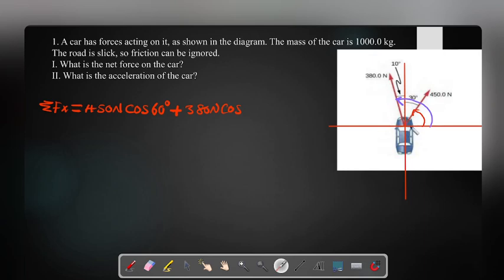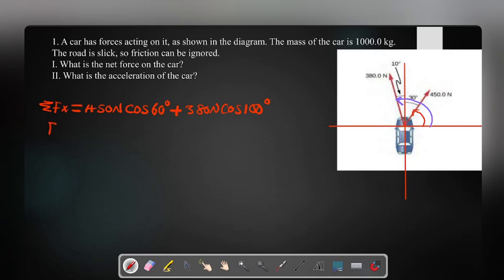From here up to here is 90 degrees, and the other portion is given as 10 degrees. So we say 90 degrees plus 10 degrees, which gives us the angle 100 degrees.